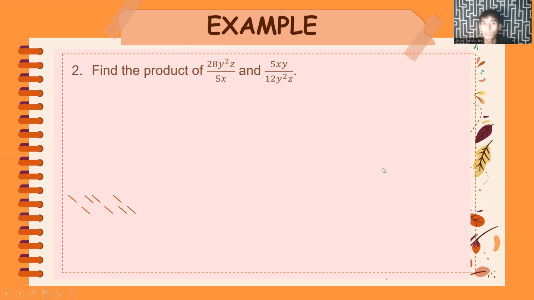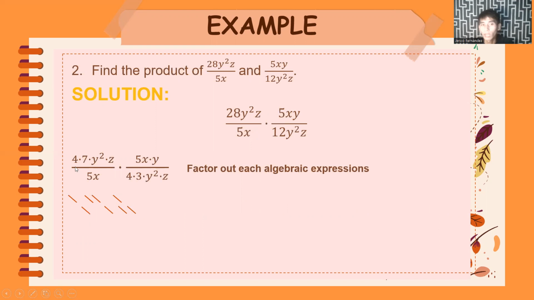Same goes with this. Factor out, cancel out, 5x, we have 5x there. So again, it can be from anywhere, numerator and then denominator. But we cannot cancel if they are both in the same numerator. We can cancel out if they are from numerator and denominator, since a fraction means the operation is division.